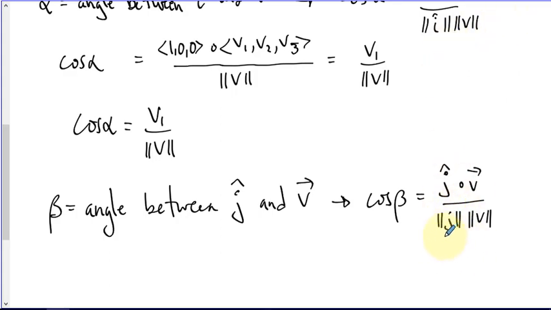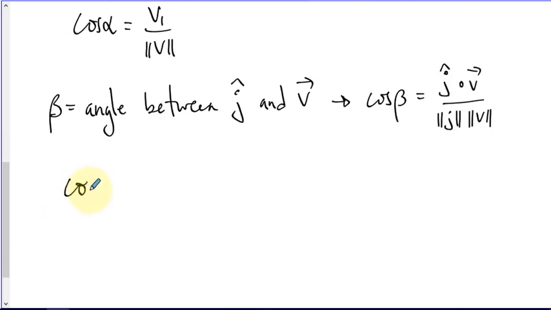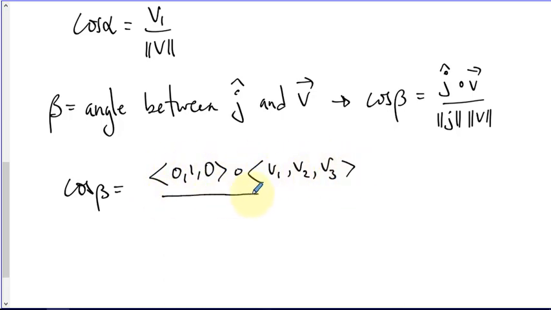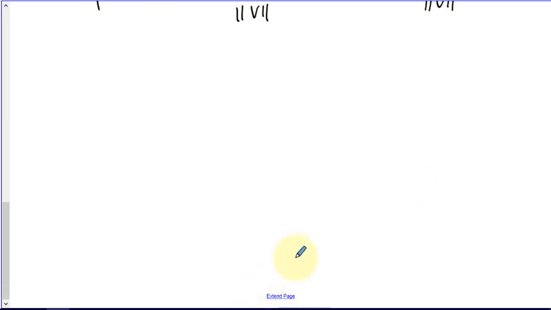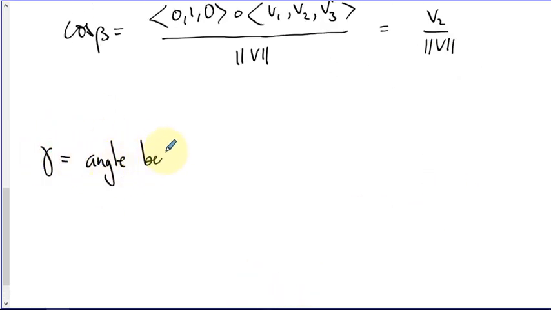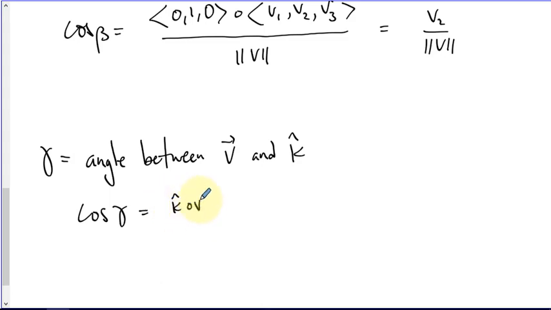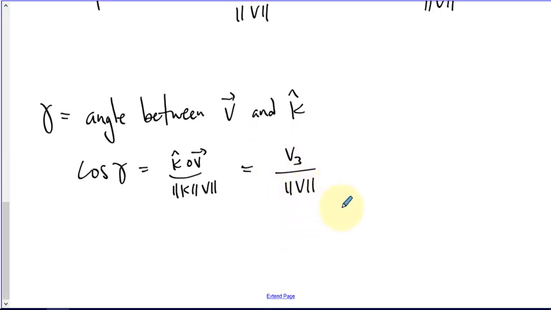This disappears because it's magnitude 1. So we're going to end up with cosine of beta being v2 over v, and then we can do the same thing for gamma. So the cosine of gamma is v3 over v.